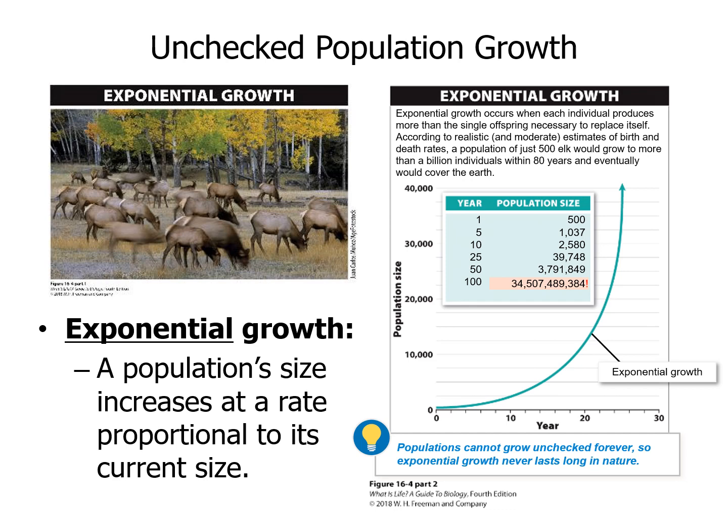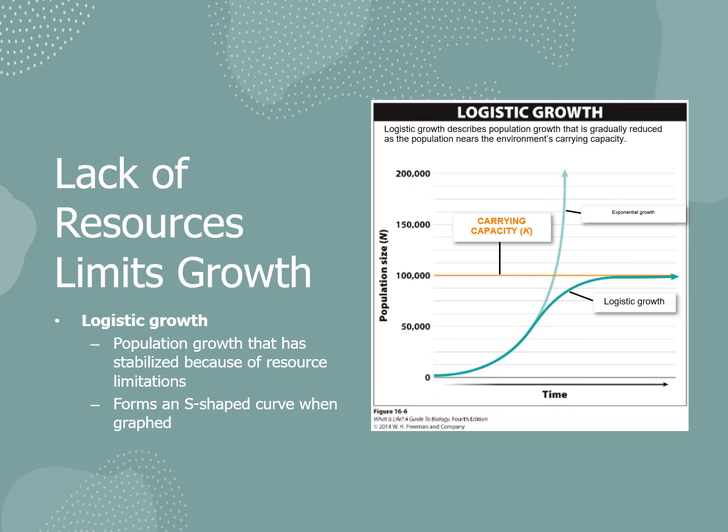In saying that, though, we need to understand that that is not a normal way that populations grow. It will not happen for a long period of time, and there is a reason for that, which is the fact that there is a lack of resources. Resources on Earth limit the growth of populations, and we call this logistic growth when we graph it out.